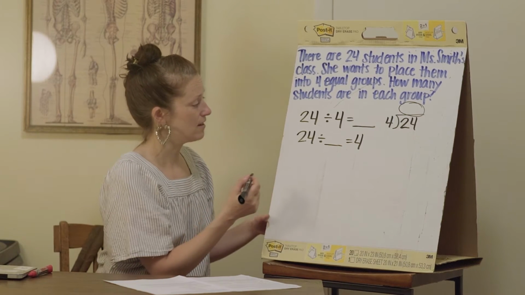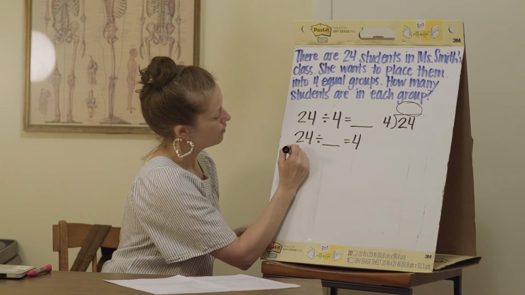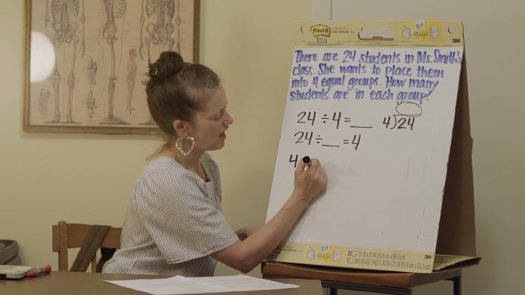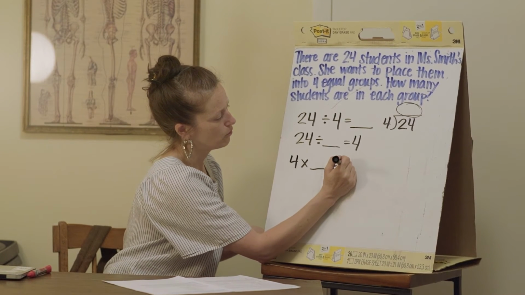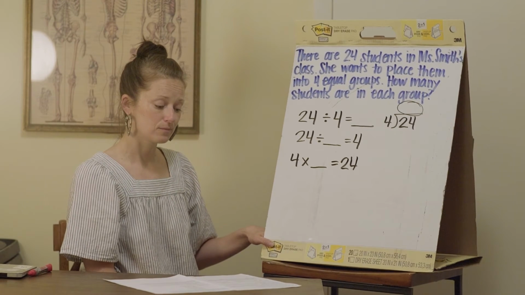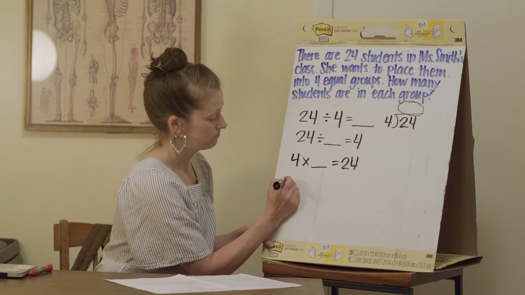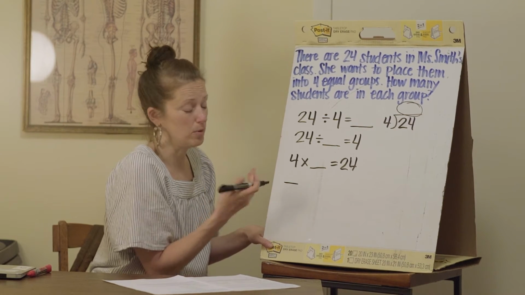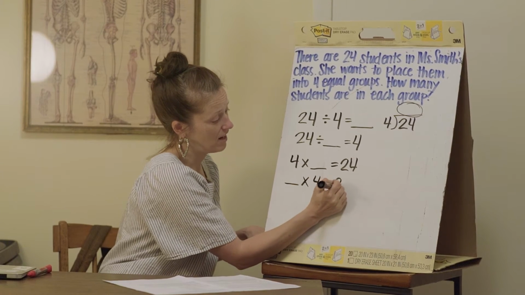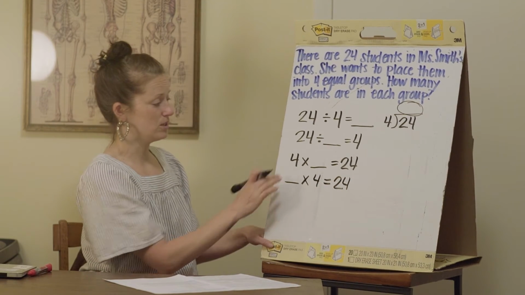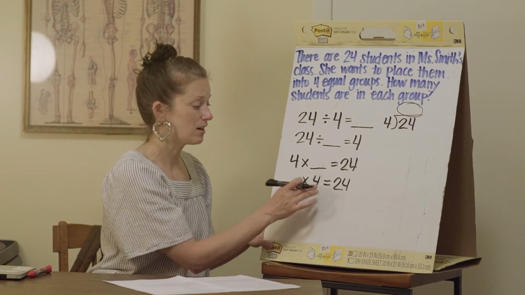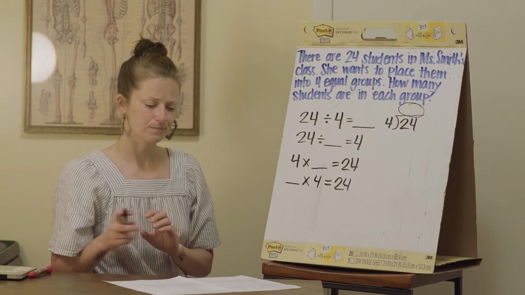So yeah, you could say, all right, well, 4 groups times how many students in each group will get me to 24 students altogether. Or you could say, how many students should I put in each group? Because there are 4 groups, and I need to get to 24. So you could say 4 times what gets me to 24, or what times 4 gets me to 24.